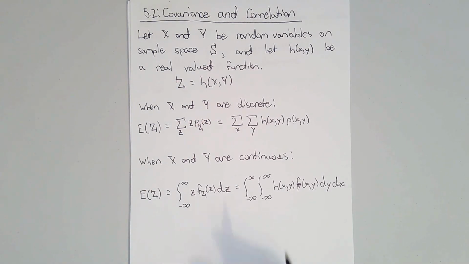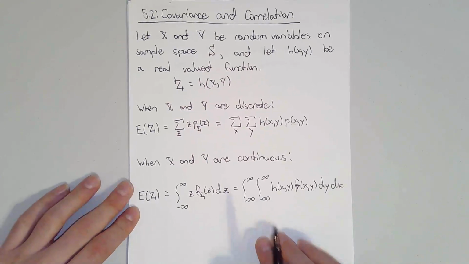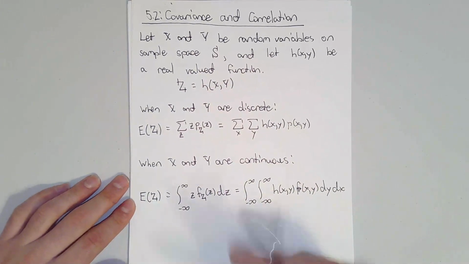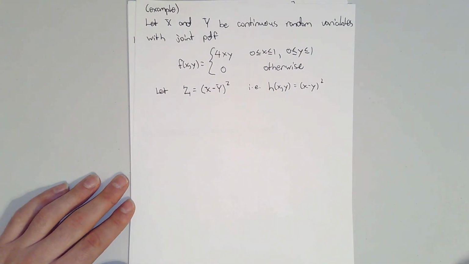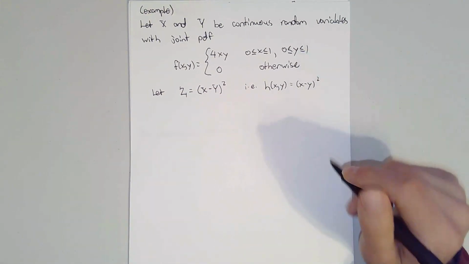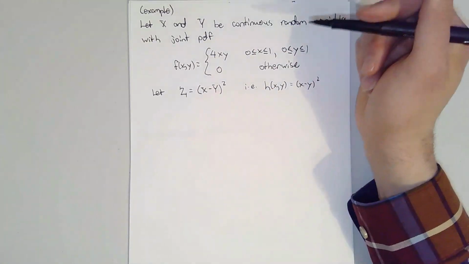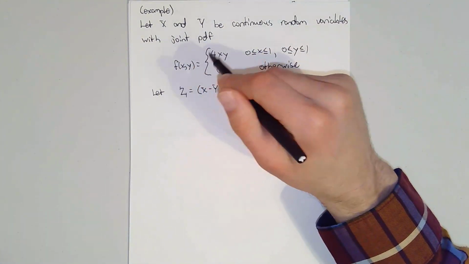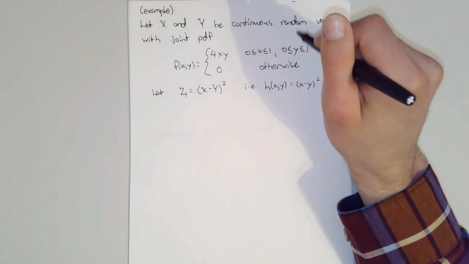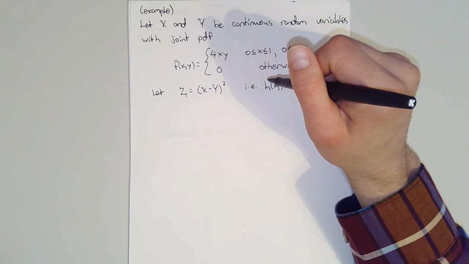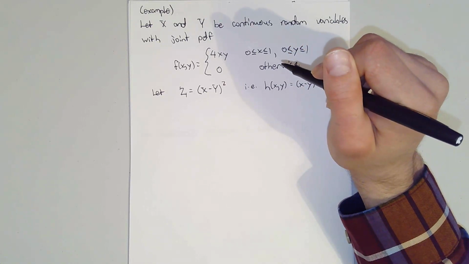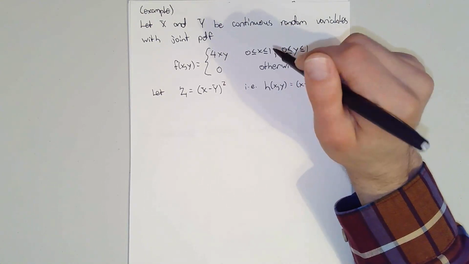But we can go a little further here. We can actually use this in 5.2 to do covariance and correlation. So let's look at the following example, to see where this can be useful. Let capital X and capital Y be continuous random variables with the following joint PDF. It's given by this piecewise defined function, and I'll leave it as an exercise for you to verify that this is a PDF.